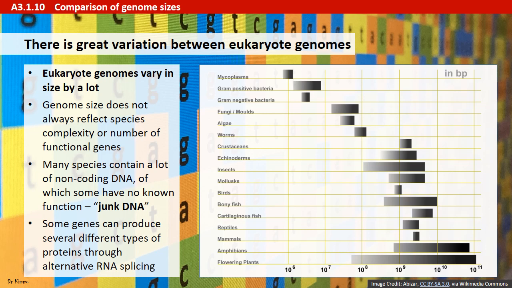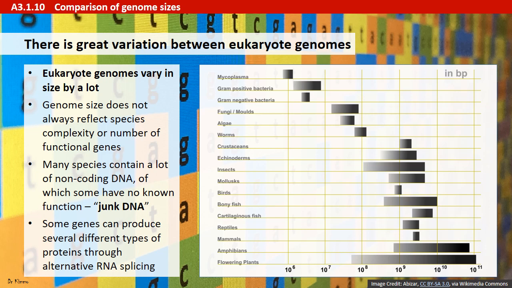At the same time, some genes can produce several different types of proteins through what we call alternative RNA splicing. So one gene produces a pre-mRNA, an RNA molecule, and this RNA molecule can then be spliced into different segments, and that way the same gene can actually produce different proteins.